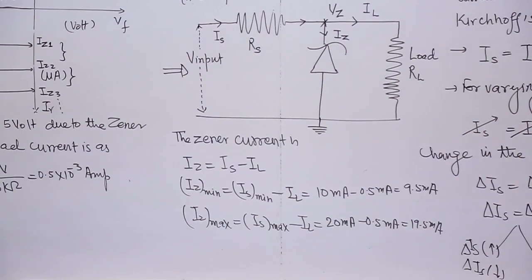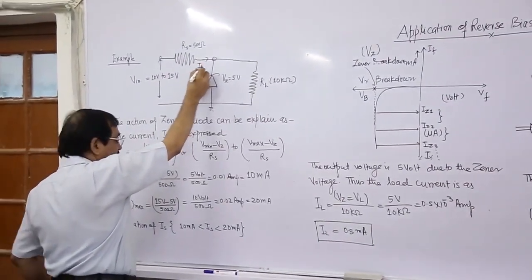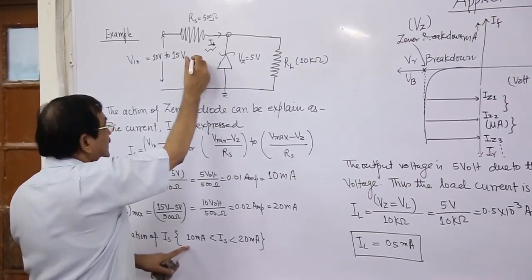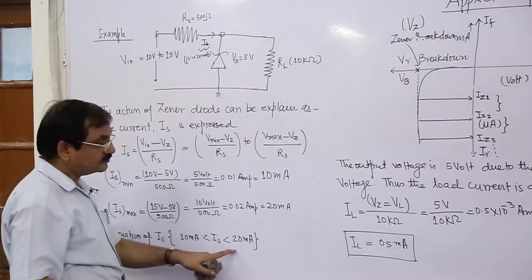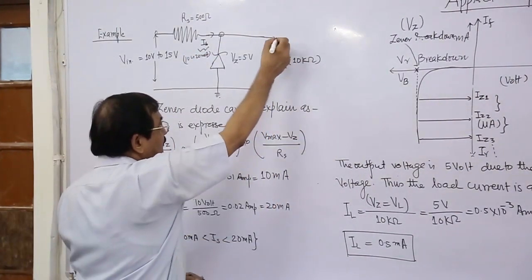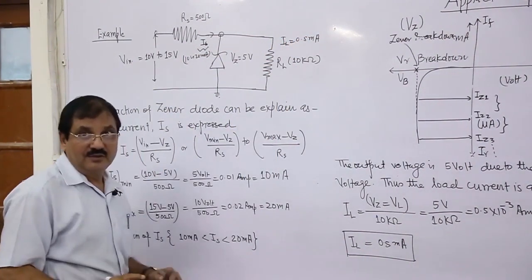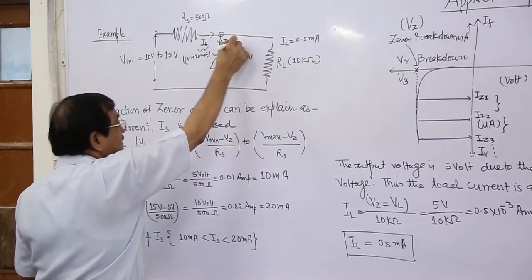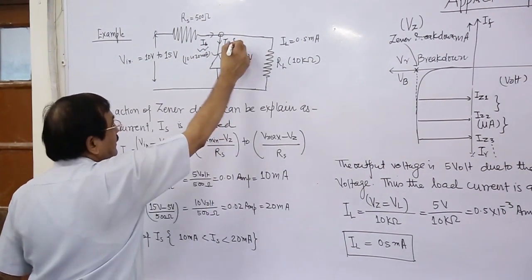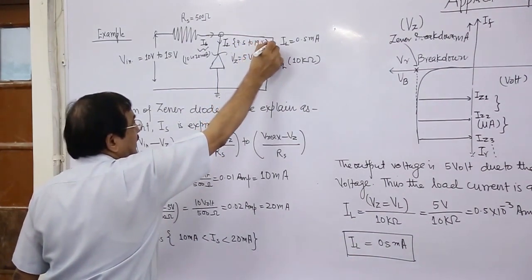So, what is this method? In this method, the current IS is flowing here. The current is between 10 to 20 milliampere, and the load current IL is 0.5 milliampere. So, the Zener compensates the extra current IZ. IZ is varying from 9.5 to 19.5 milliampere.